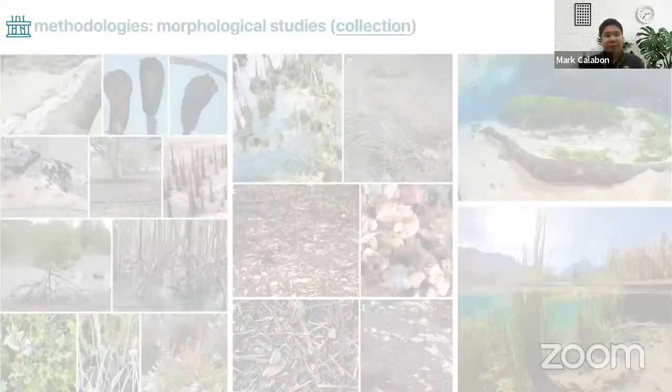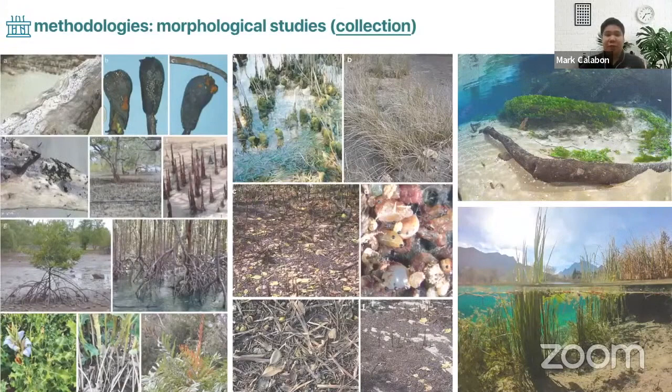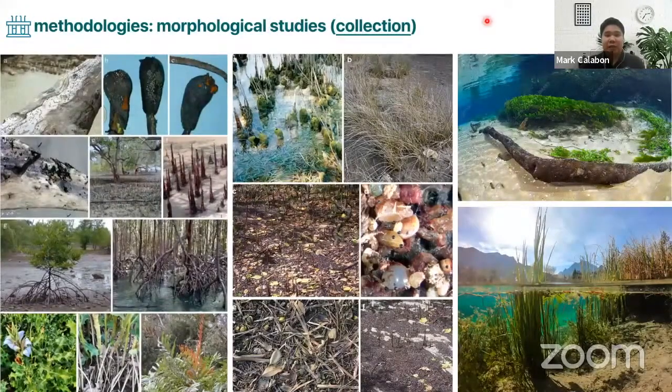So these are the substrates that we usually observe. Here in the marine environment, we collect wood. There are also samples from the mangrove habitats: seeds, pneumatophores, prop roots, leaves, submerged and so on.